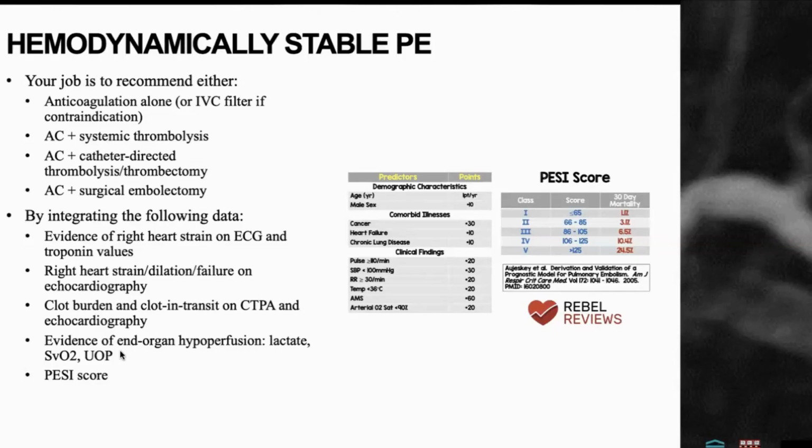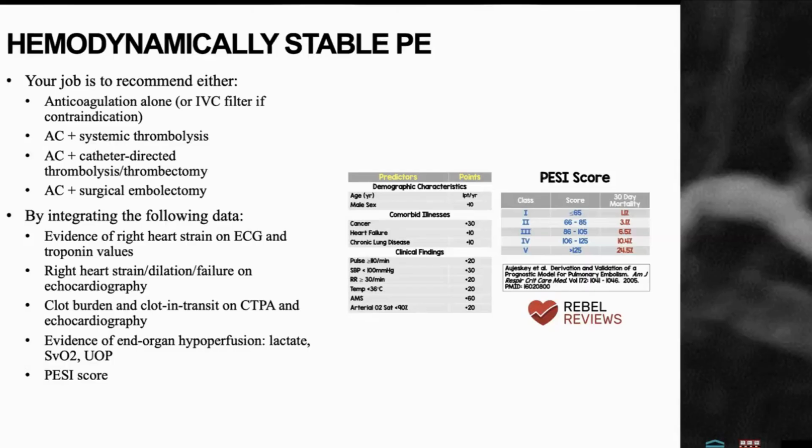Look at clot burden, right? What I haven't talked about is the classic misconception people have: people think of clot burden and think, okay, that's going to drive how I treat my pulmonary embolism. So if someone has a saddle pulmonary embolus, then that automatically means that they have massive pulmonary embolism and I need to do something active. When in reality, what drives it is the hemodynamics, which we just talked about.